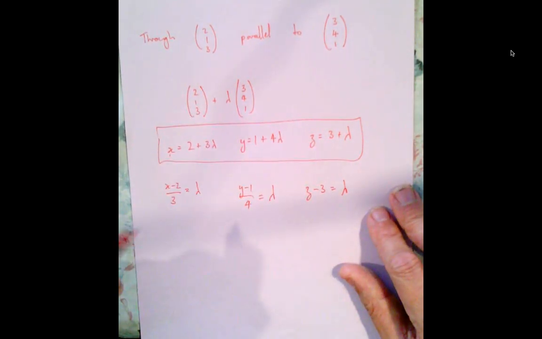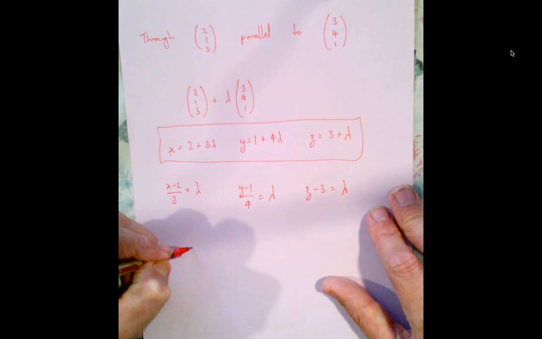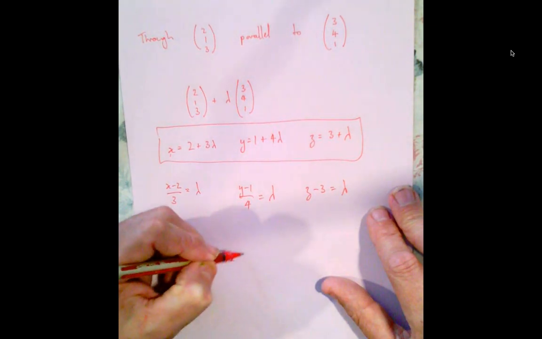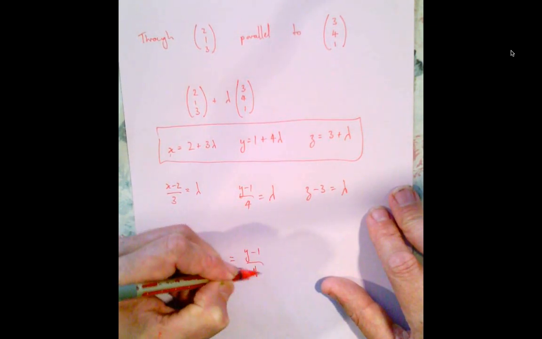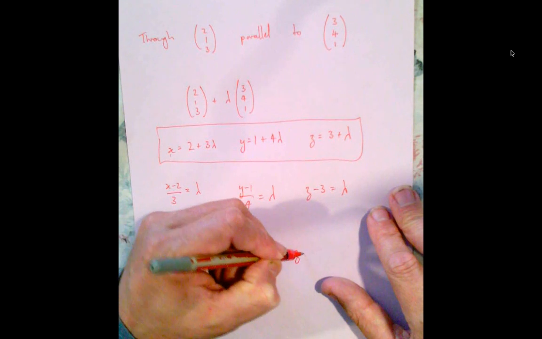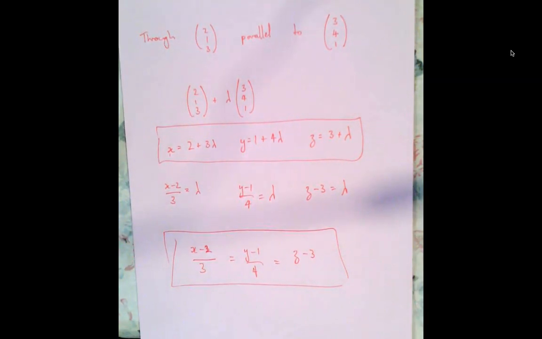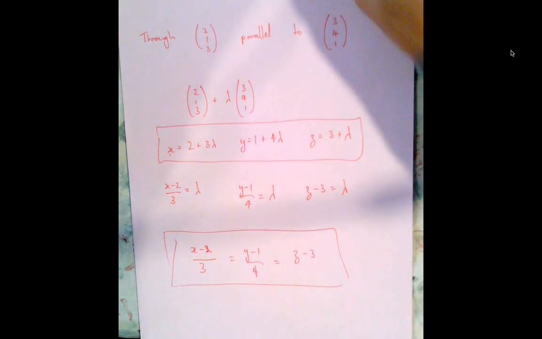And again, we could write that out as x minus 2 over 3 equals y minus 1 over 4 equals z minus 3. So they're the two ways we can write it out. Okay, that's the way I look at it. I hope I've used the right terminology. I probably haven't at times, but hopefully that makes sense to a few more people. Thanks.